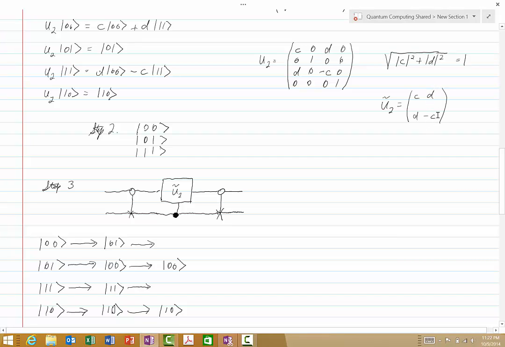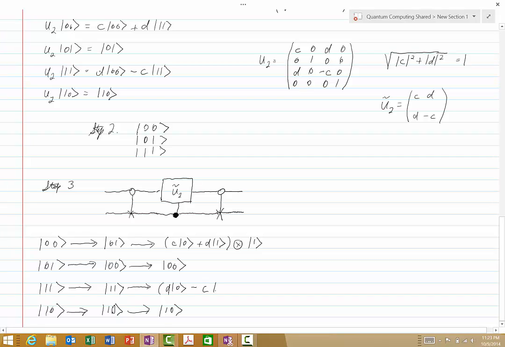So that means that in this first case over here, the 0 is going to go to C0 plus D1, and of course that second bit of 1 here will just go straight on through. And on the other hand, for this one, the 1, looking up here, will go to D0 minus C1.